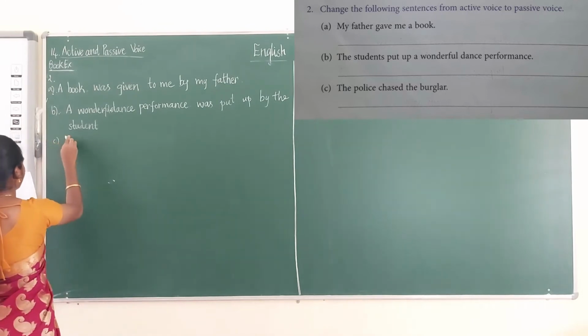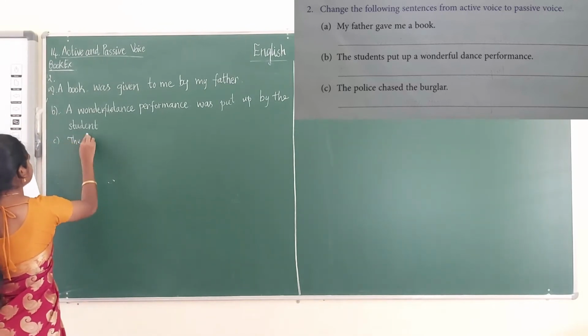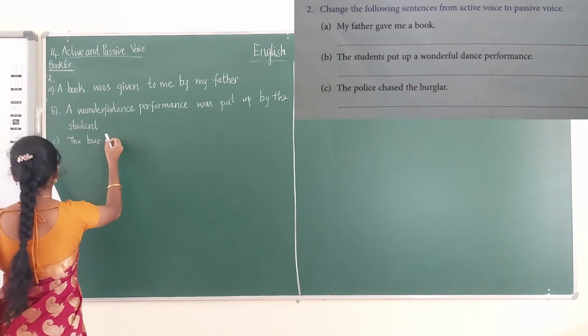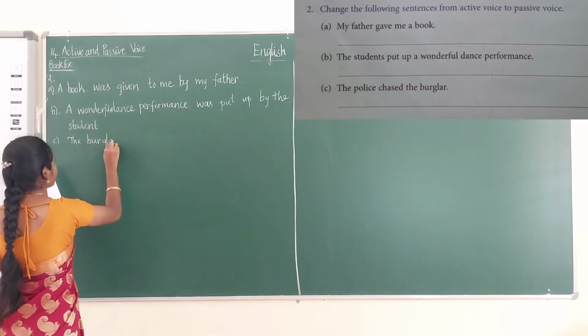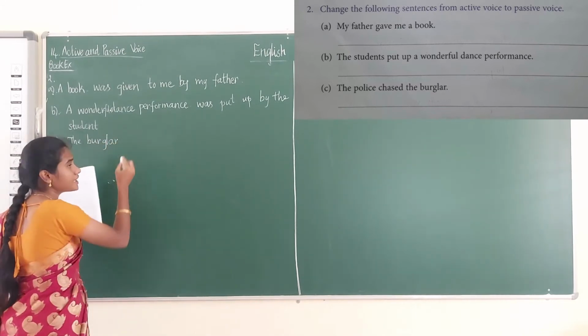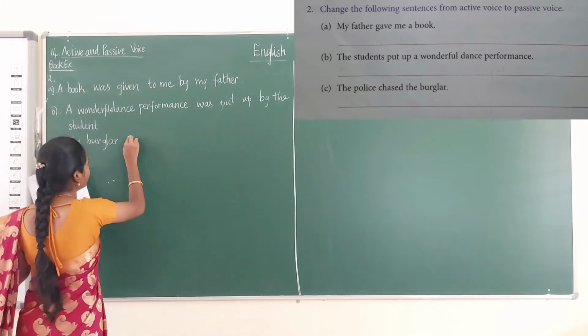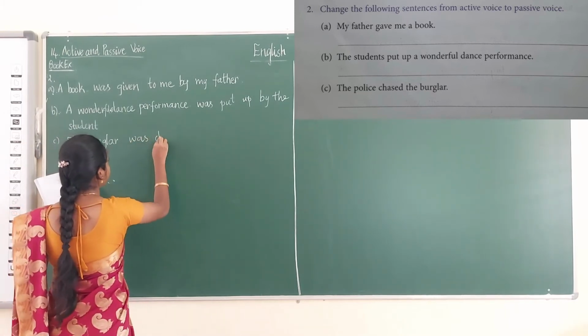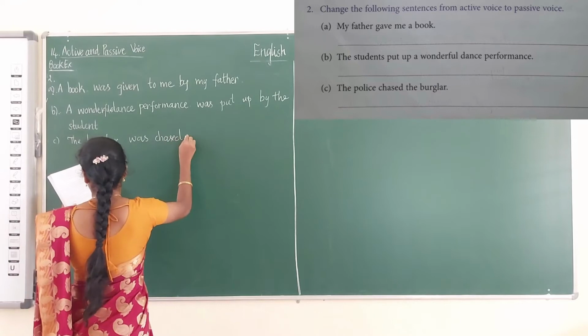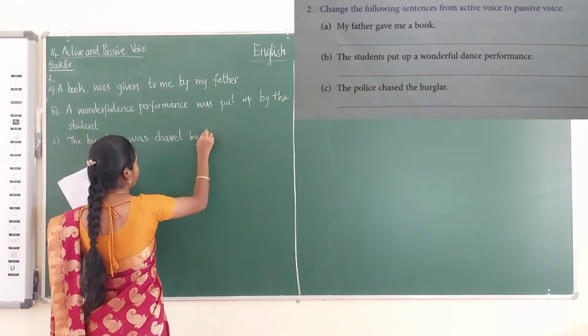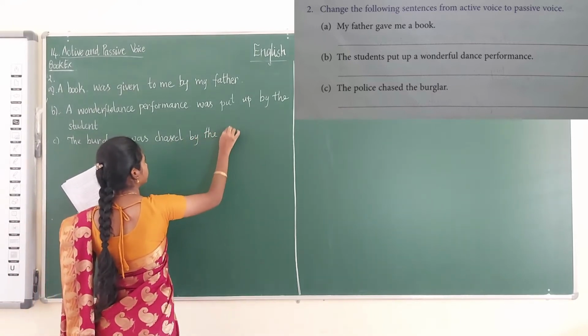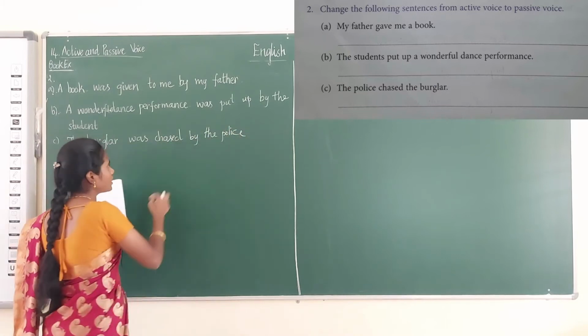So how can we write it? The burglar. Then see the chase. Chase is the past tense. So we are writing was chased by the police. Okay, the burglar was chased by the police.